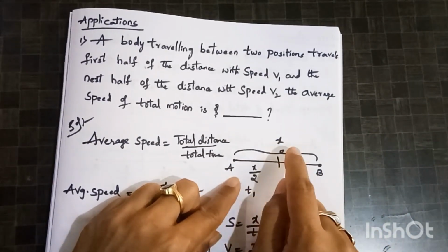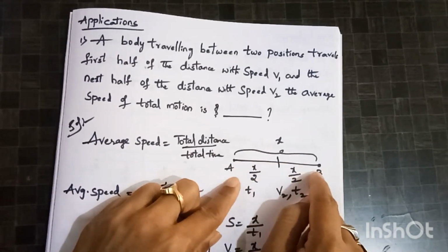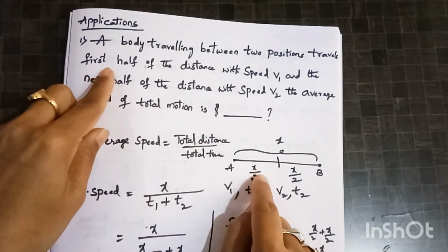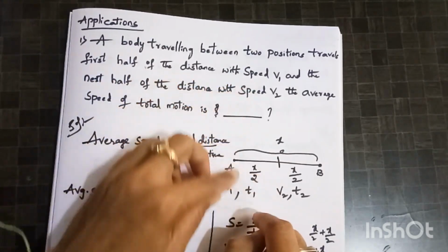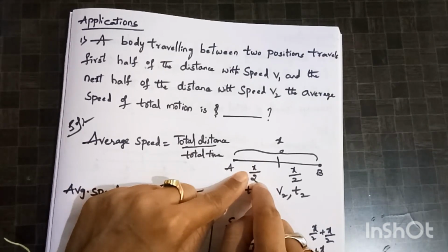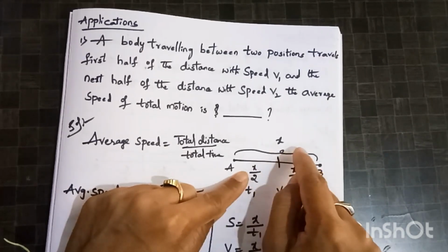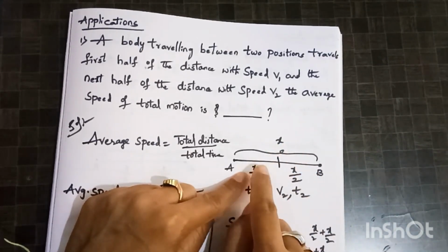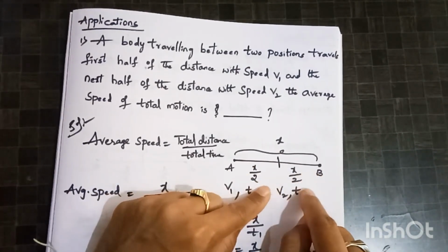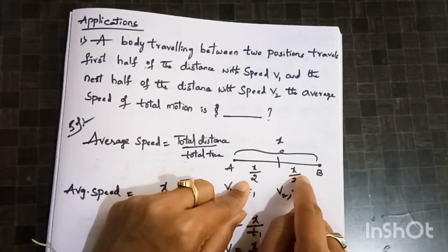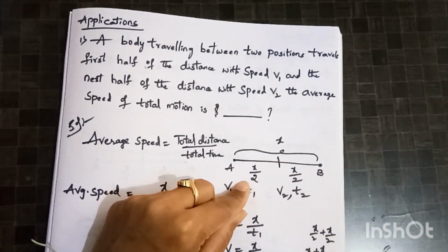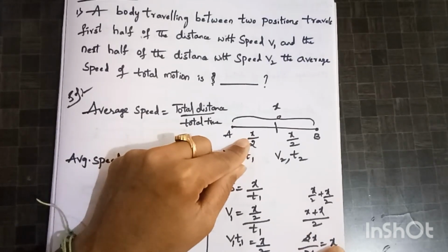I am considering the total distance between the two positions as x. First half means 1 by 2, but we are considering the total distance as x, so x by 2, and the second half of the distance is x by 2. If you add these two distances, you will get the total distance x, that is x by 2 plus x by 2 gives x.